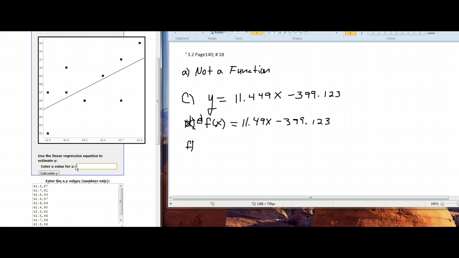So we are going to say f of x equals 11.449 times 42.5 in place of x minus 399.123.